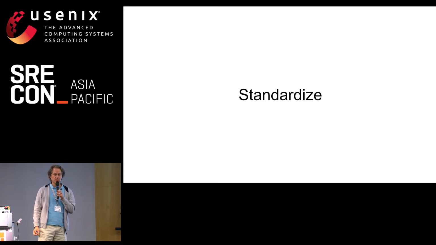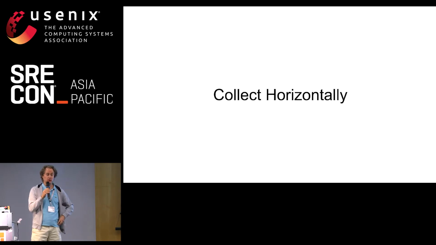Standardizing doesn't just mean standardizing on your metrics, but it also means that you can standardize on instrumenting your frameworks, meaning that if you have an RPC framework, for example, then you can collect everything that uses that RPC framework automatically.